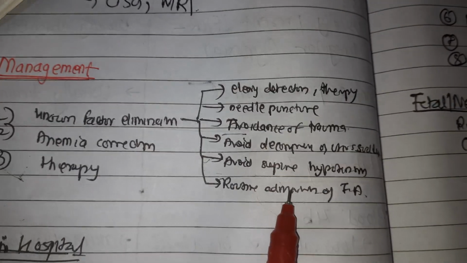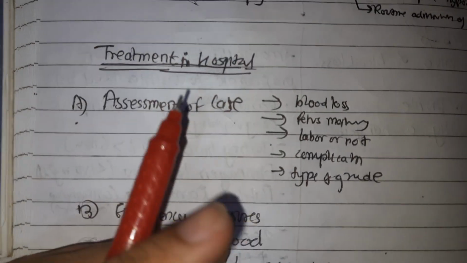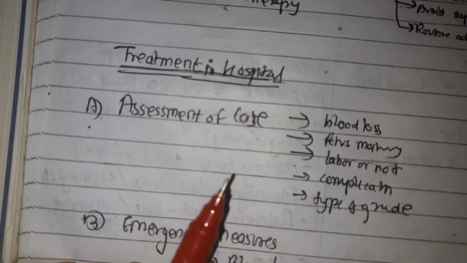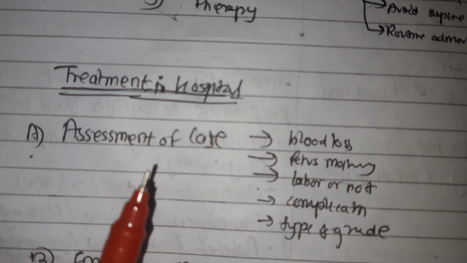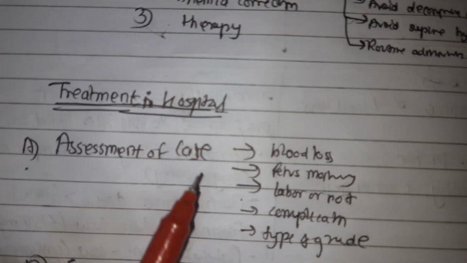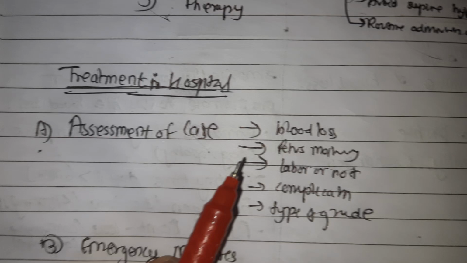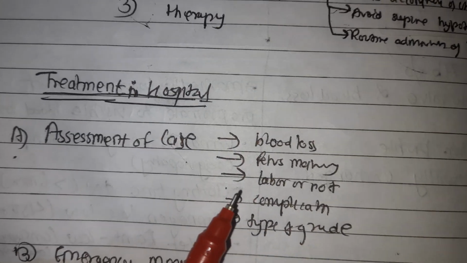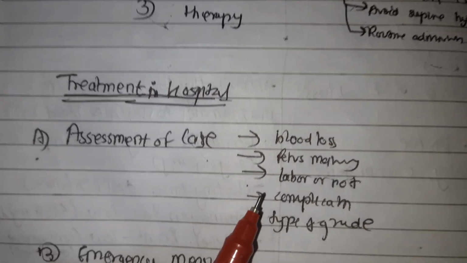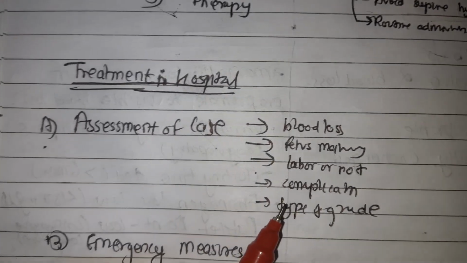Routine administration of folic acid from early pregnancy might be useful, but it is doubtful and controversial. For treatment in the hospital, first of all we should do the assessment of the case, by assessing the amount of blood loss, maturity of the fetus, whether the patient is in labor or not, the presence of any complication, and the type and grade of placental abruption.